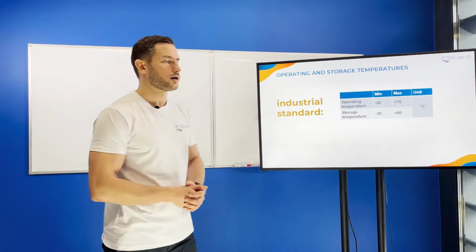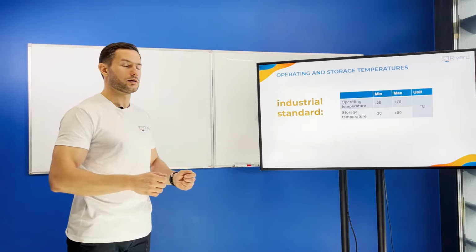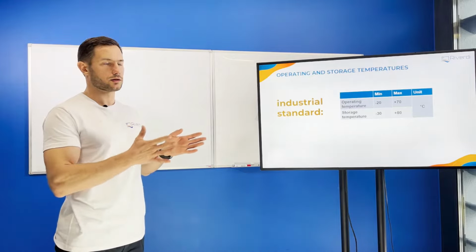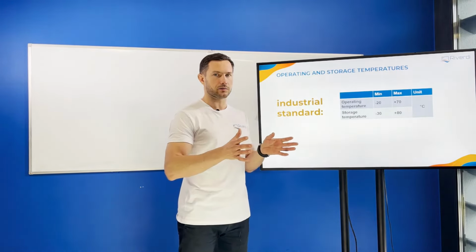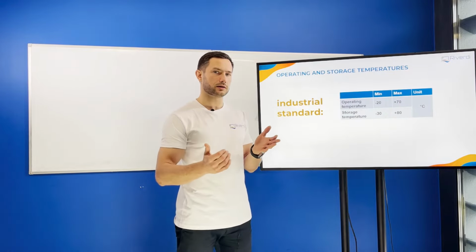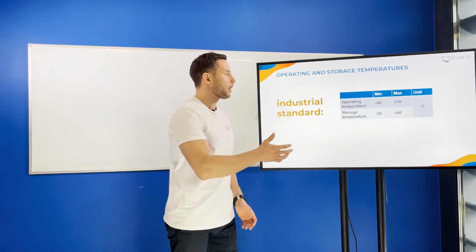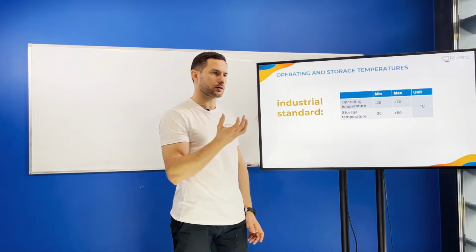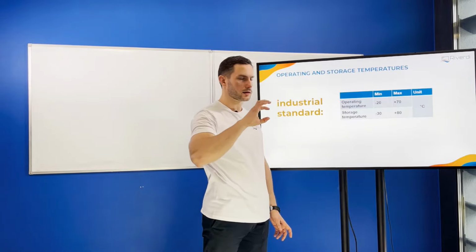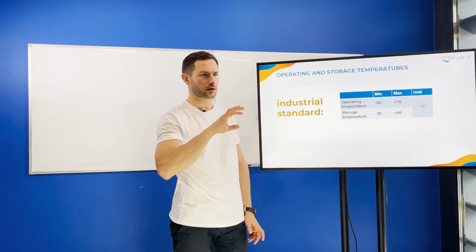So we need something different, and we actually need a different technology, because of what is happening with a typical LCD. We have this liquid crystal. Liquid crystal needs to be liquid to work, and below this temperature it starts freezing. That means it becomes solid, and the crystals cannot move or move very slowly.